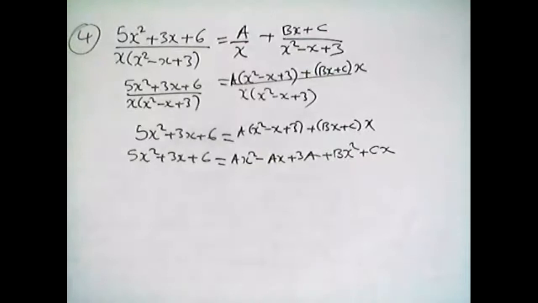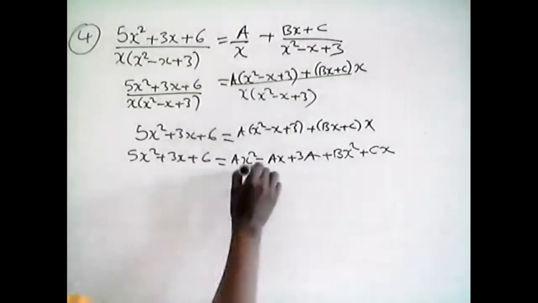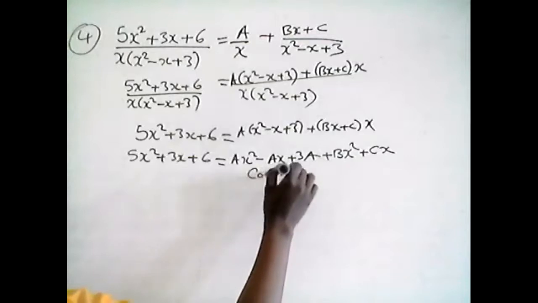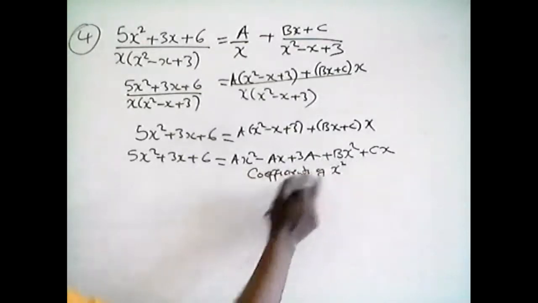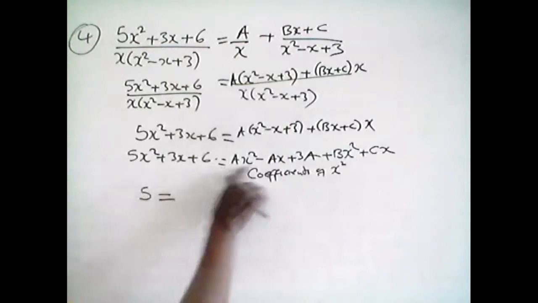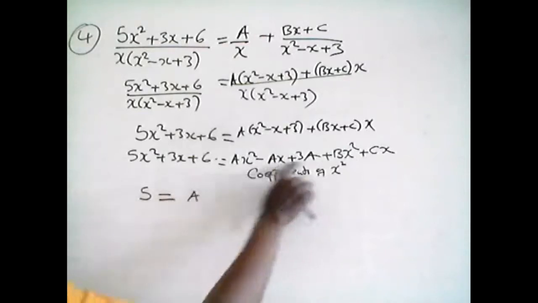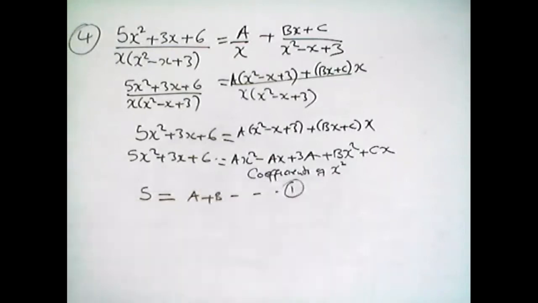So now, let's identify the coefficients. We start with the coefficient of the highest power, which is 2, so the coefficient of x squared. The coefficient of x squared this side, we have a 5. So 5 equals, this side we have a plus b. That is our equation 1.